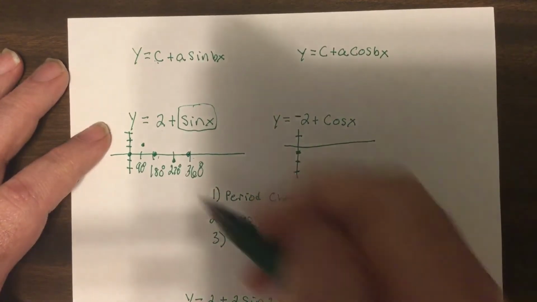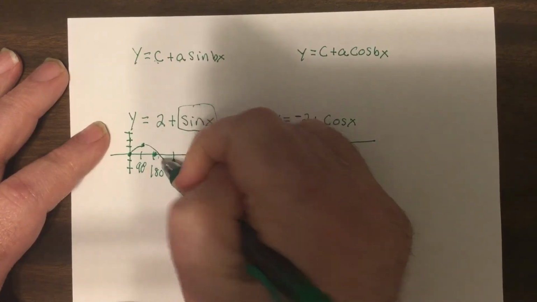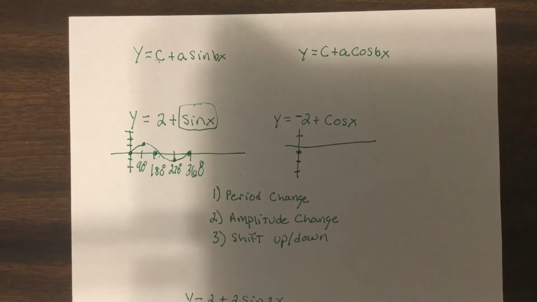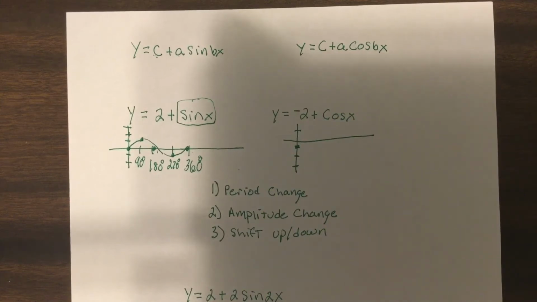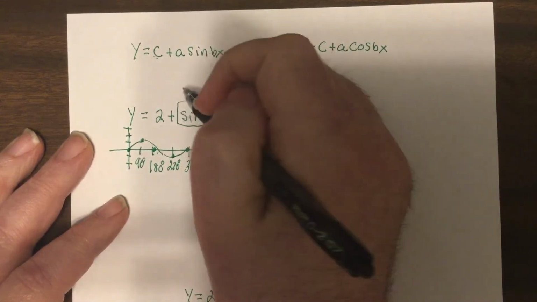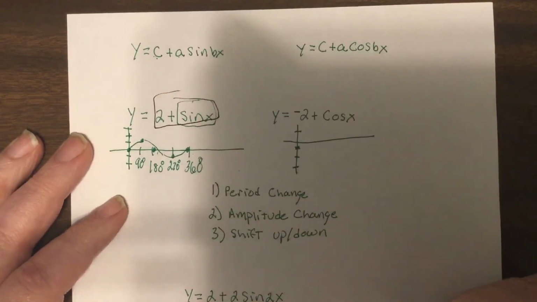So anyways, my basic graph is this. Now here's a recommendation. You might want to use different colors. Now I'll show you more examples with all the changes, but here's what I'm going to do. I'm going to do the final graph in black.